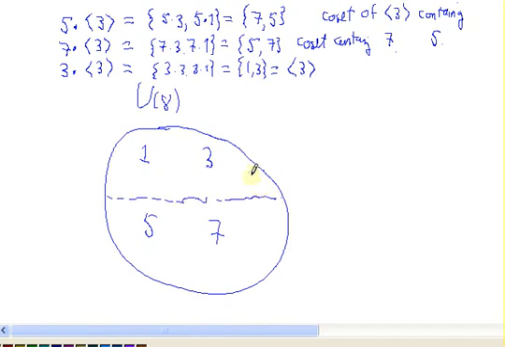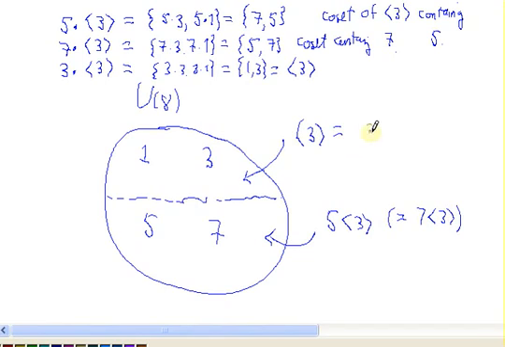So this part here is angle brackets 3. And the lower part here I could write as 5 angle brackets 3, and this is also equal to 7 angle brackets 3. And this angle brackets 3 is also equal to 3 angle brackets 3.